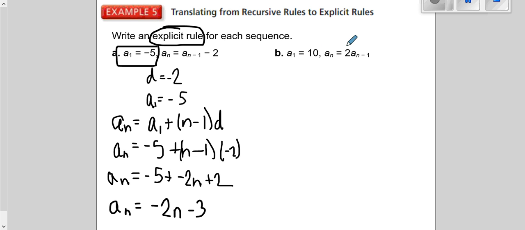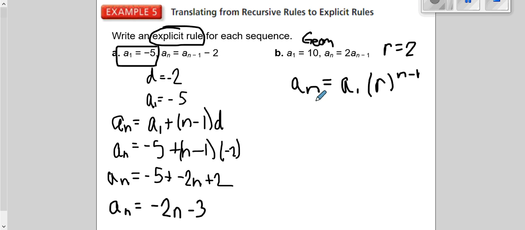a sub 1 is 10. We're doing 2 times the previous number. That's the recursive rule. We need an explicit rule. So r is what we're multiplying by each time, so that's 2. The explicit rule in general for a geometric sequence, which is what this one is because we're multiplying, is a sub n equals a sub 1 times r to the n minus 1 power.